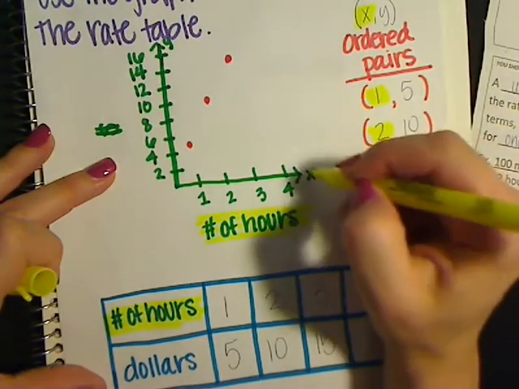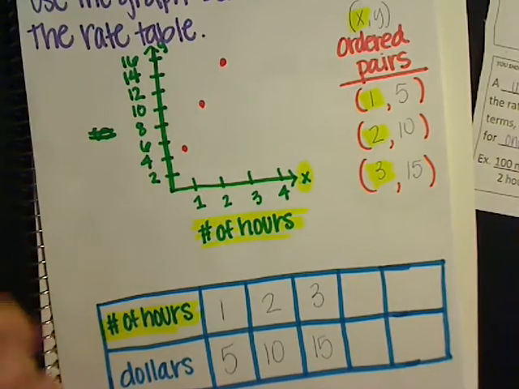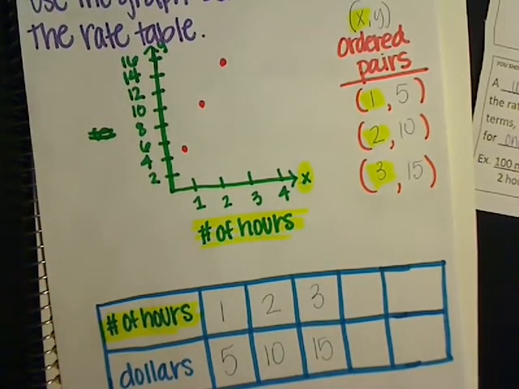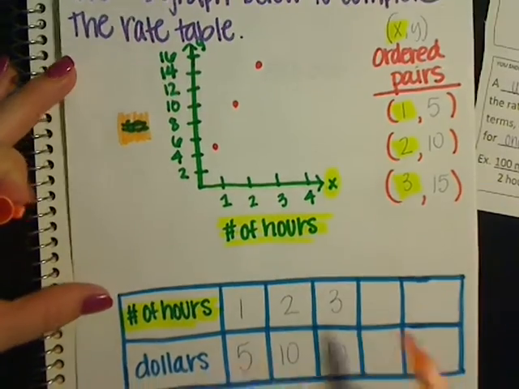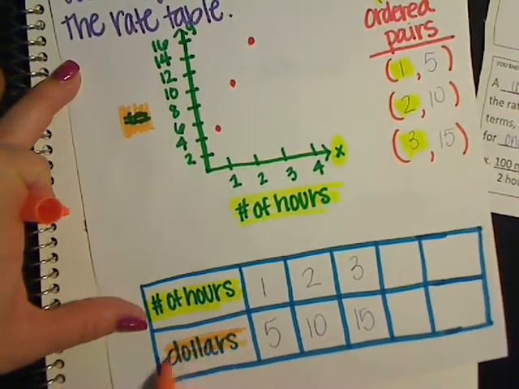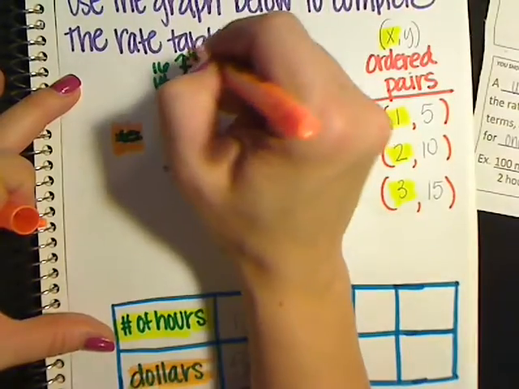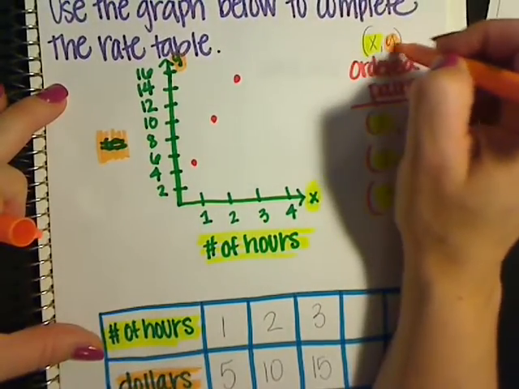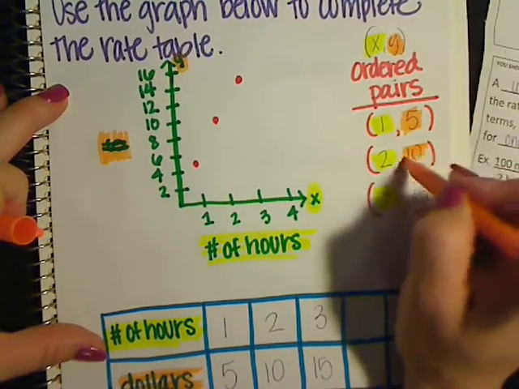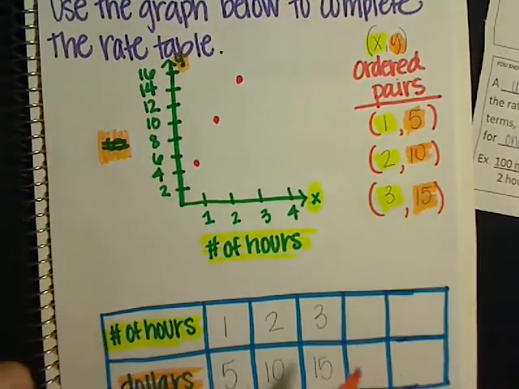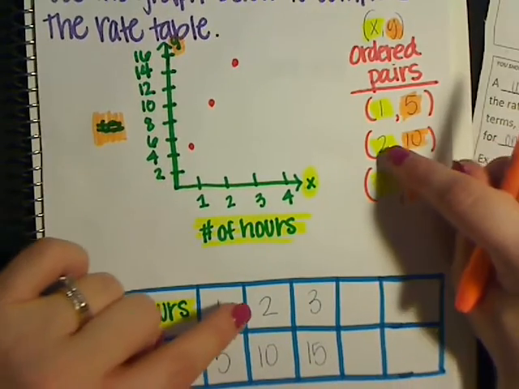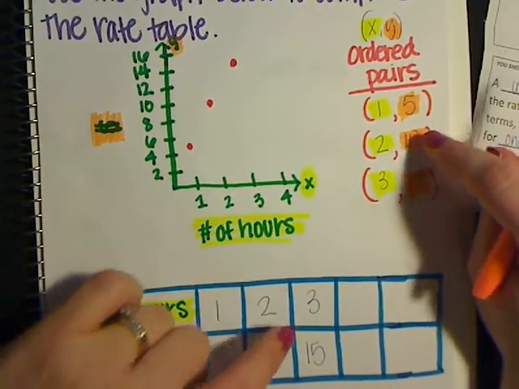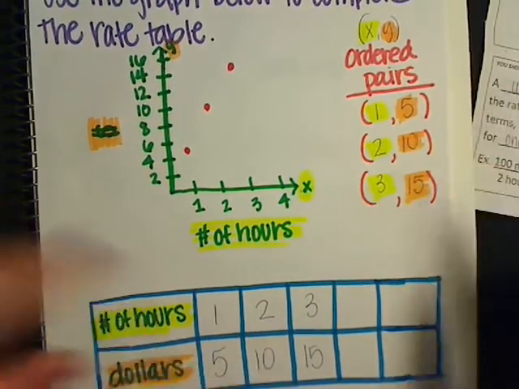Number of hours, x values. Okay, and the other one was our dollar amount. That was our y values. And they went here. 1 and 5, 2, 10, 3, 15.